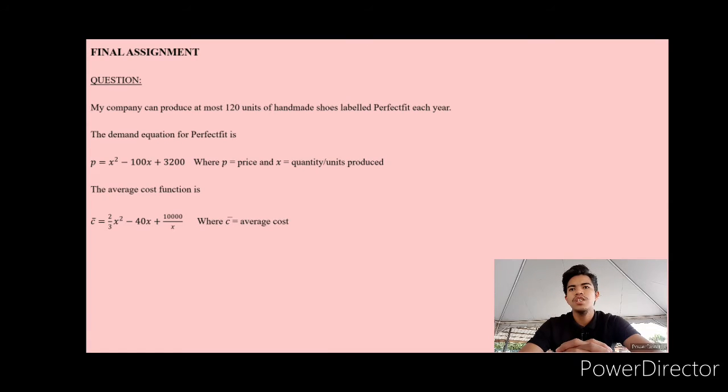The demand function is P equals x squared minus 100x plus 3200, where P is price and x is quantity, while the average cost function is given as 2/3 x squared minus 40x plus 10,000/x.